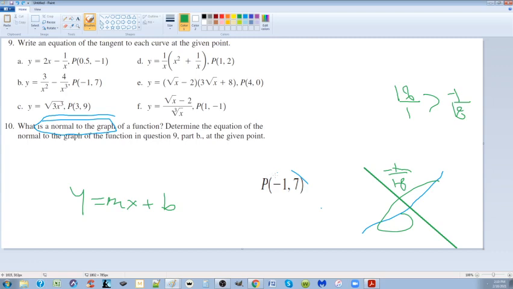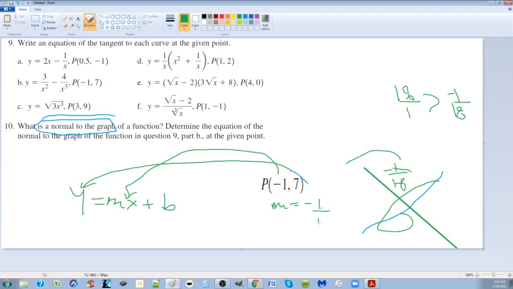But anyway, all we do is we put minus 1 in for x, and we put plus 7 in for y, and we put m is equal to negative 1 over 18 in for the slope. So we rewrite it as 7 is equal to negative 1 over 18 times minus 1. You can see what's going to happen there. Plus b. We're trying to solve for b. So that becomes positive 1 over 18.